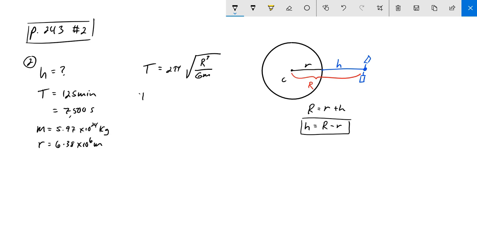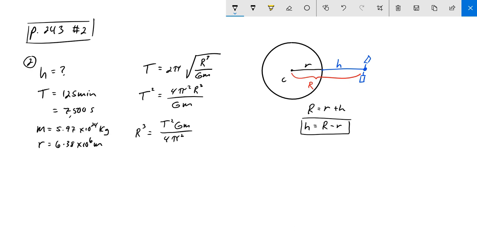If I do that, then I end up with T squared equals 4 pi squared R cubed over big G M. Now if I do a little rearranging, R cubed is equal to T squared, big G, M, over 4 pi squared.